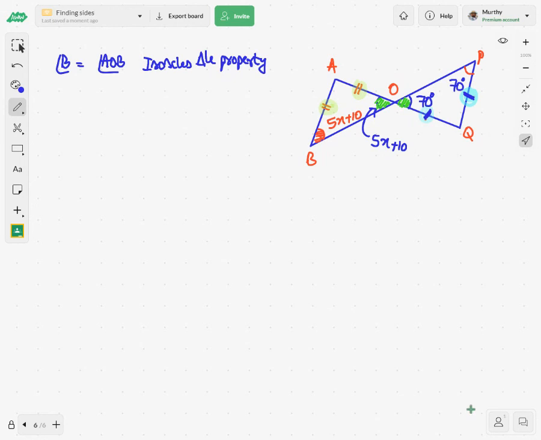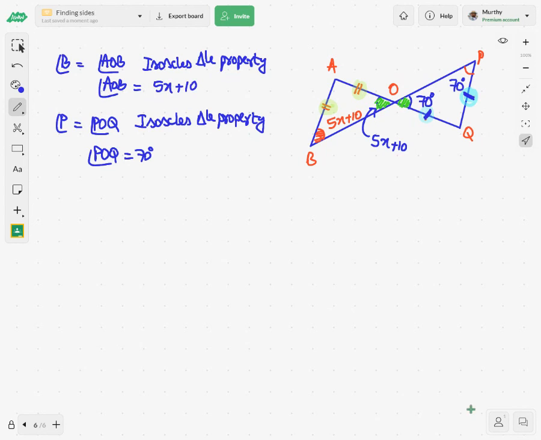In the same way, angle P equals angle POQ. Why? There also it is the isosceles triangle property. So angle POQ equals 70 degrees. Angle AOB equals 5x plus 10. Again, these two are equal, that is angle AOB equals angle POQ.